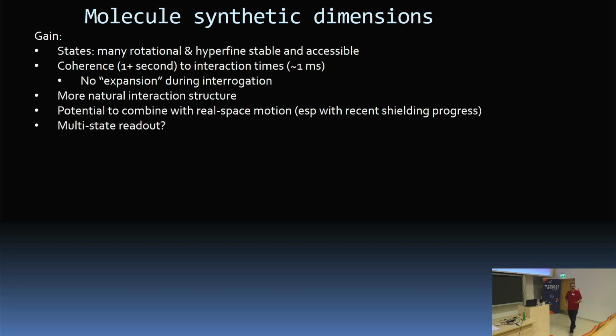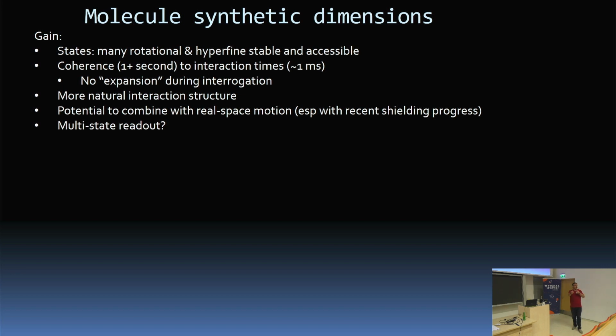Also, the interaction structure, as I alluded to, is more natural with molecules than it is with Rydberg atoms. You get very nice, quote, local interactions in the synthetic space. And maybe most importantly, what I'm most interested in at a fundamental level is that you can combine real space and synthetic space motion.